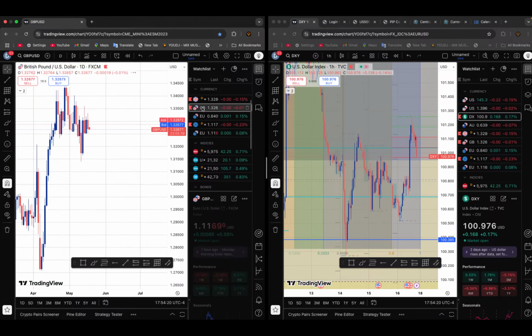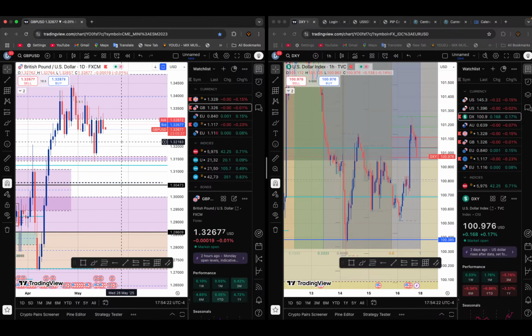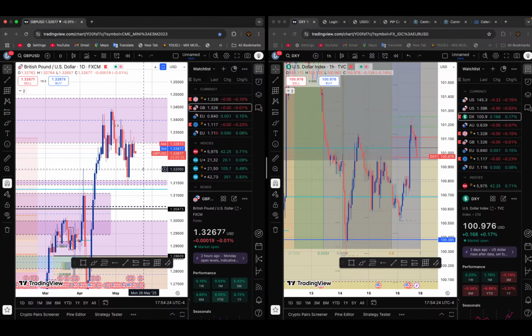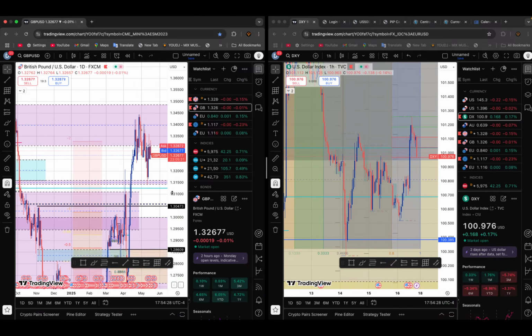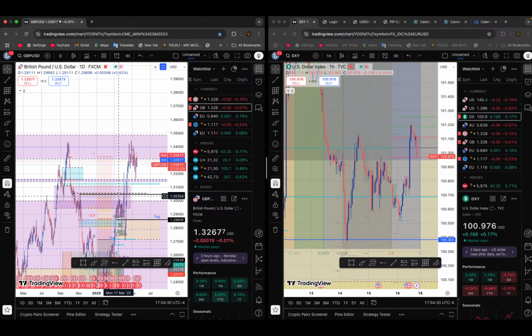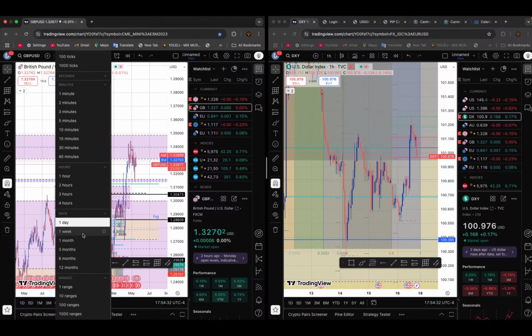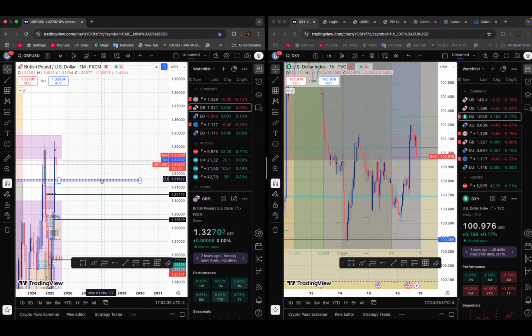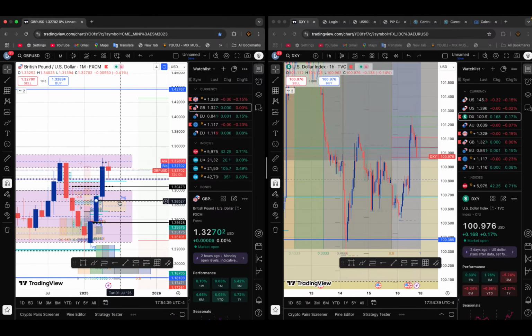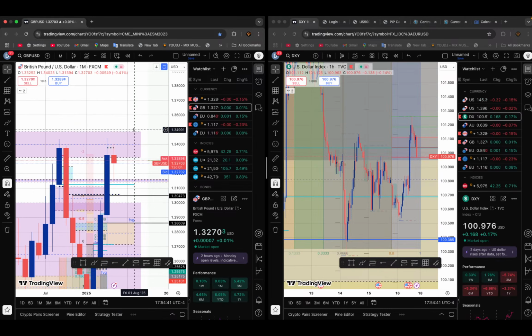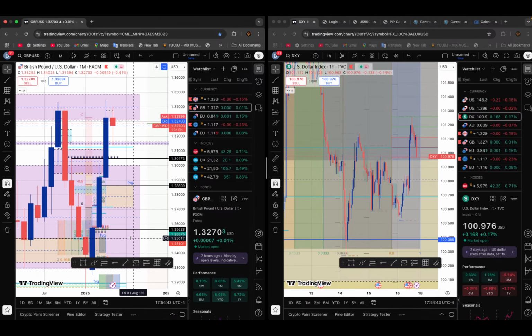Let's look at pound dollar respecting that daily fair value gap. Let's look at the monthly. On the monthly, it would be something like that.